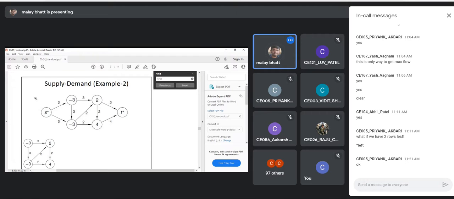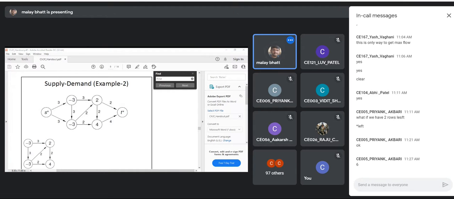Yes? Is it 5? Yes, can you share your answer for this? Some people are telling 6, some people are telling it is 5. So can you share? Is it 6?